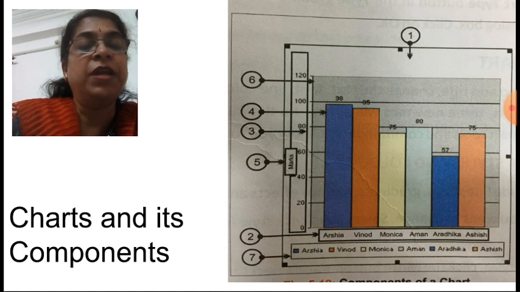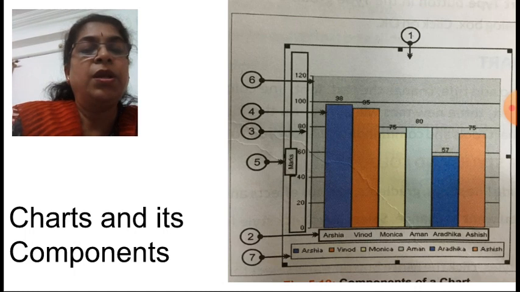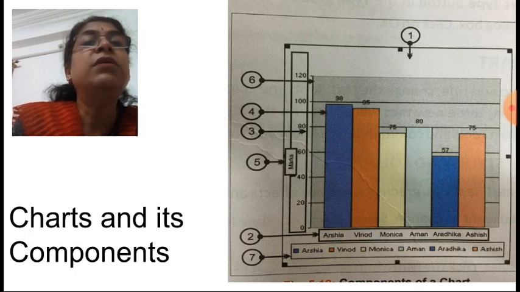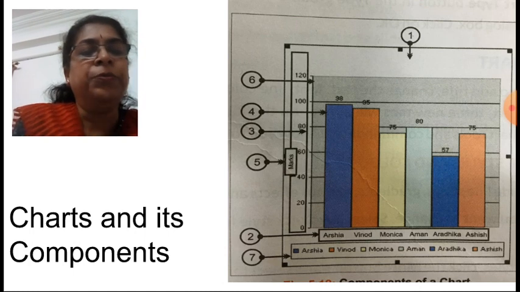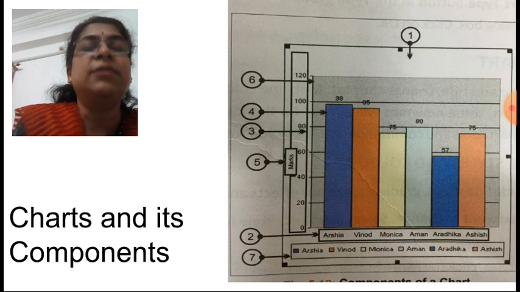Now the fifth one, these are the labels displayed on the x and y axis. Now the sixth one is on the top. It is a window within the chart area. It contains the actual chart itself and includes plotted data, data series, category and value axis.